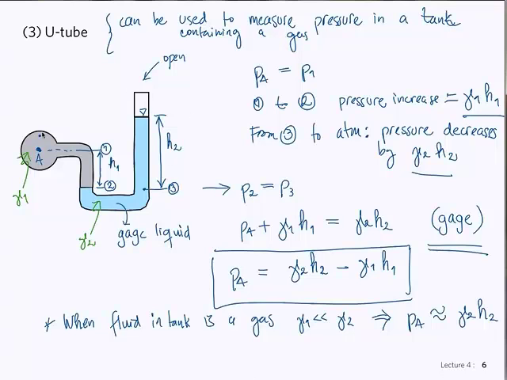And this U-tube becomes a very useful device, and you will use this quite a lot in your laboratories. Depending on what the expected pressure in the tank is, you might choose to use a different gauge fluid. It might be water. Water might be appropriate. It might be mercury or something else, depending on how much pressure you expect to find in point A. Make sense?